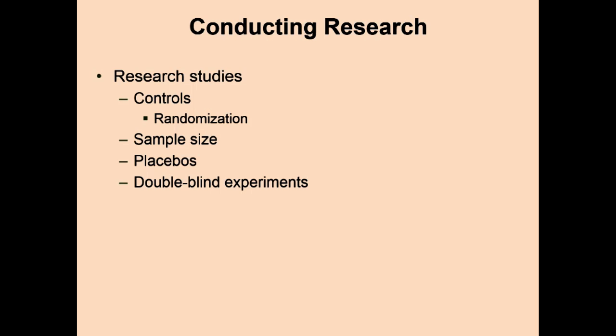Usually the treatments are going to be the same size, the same color, have the same texture, so that there is nothing that gives away whether somebody's on the treatment or not. All of this is done so that when the data is collected, it is due to true physiological changes and not the placebo effect.